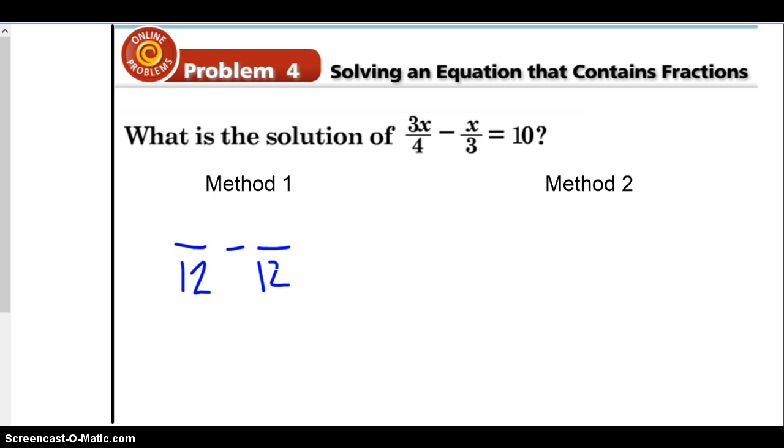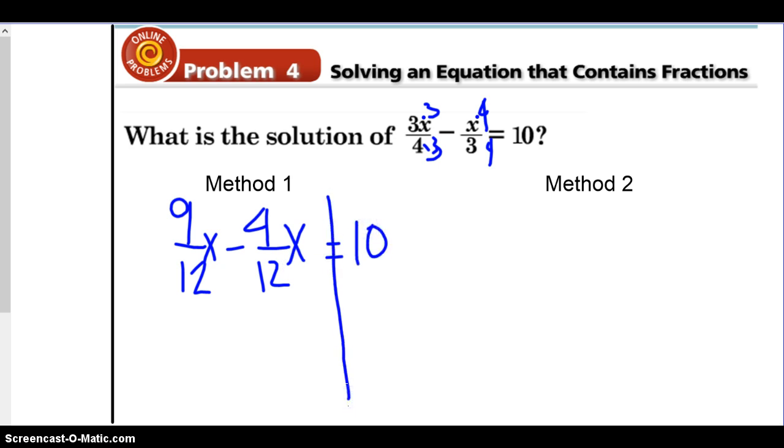Well, if I did that, this 4 times 3 and times 3. So I would get 9/12 x minus times 4 minus 4/12 x equals 10.